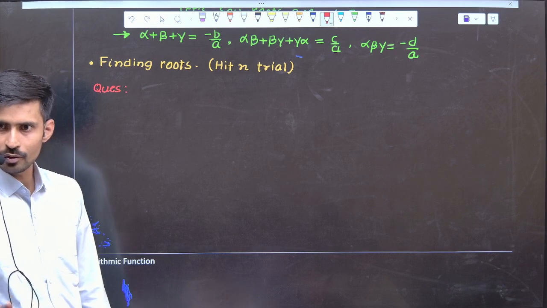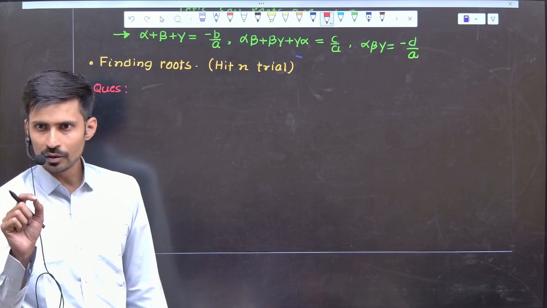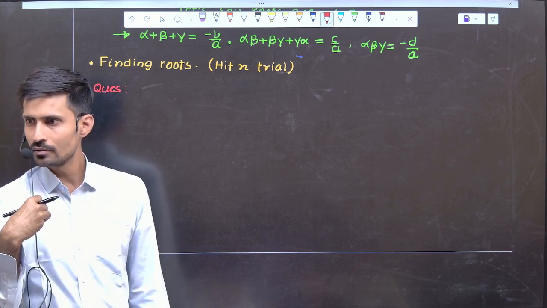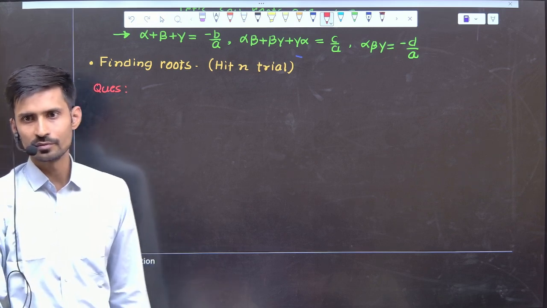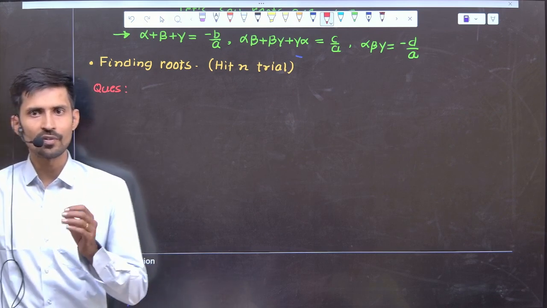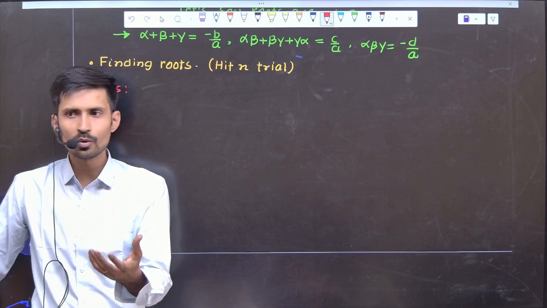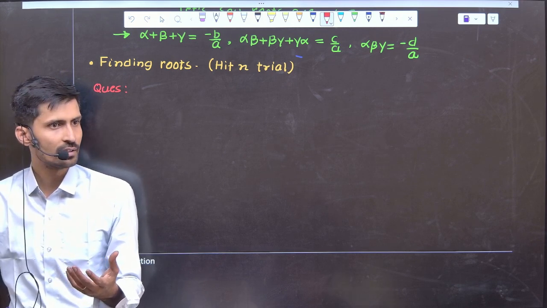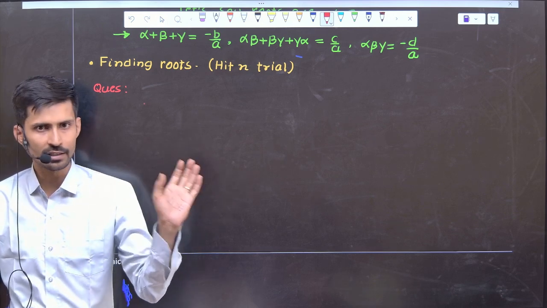Half thing you understood, half thing you didn't understand, where you have to keep your leg. So if you take all those things in one go, you can start using that in the next go. Yes or no? Time will be saved, energy will be saved, faculty motivation will be there, your motivation will be there. And this is how we are going to get into IIT.